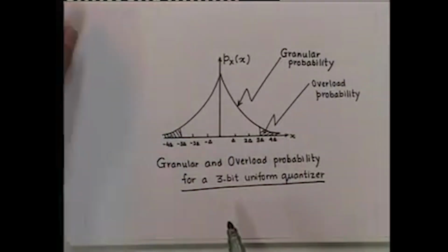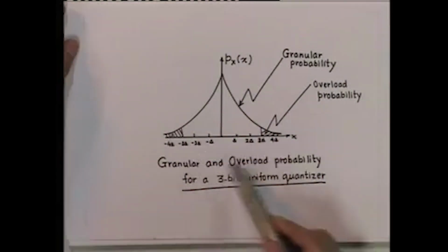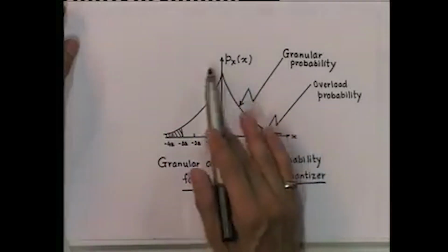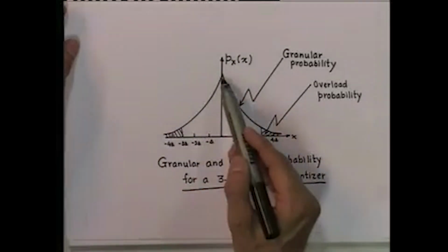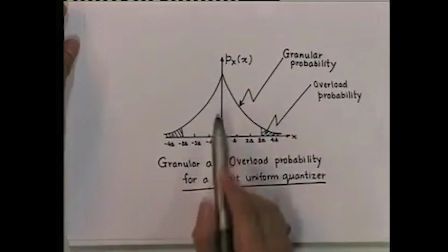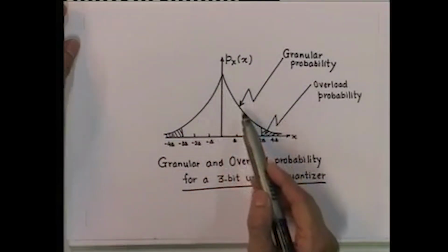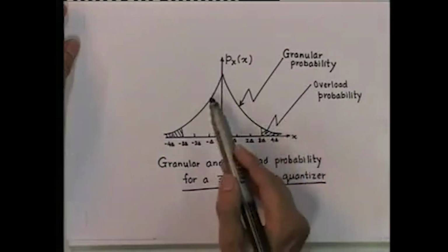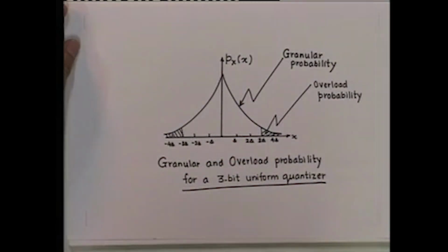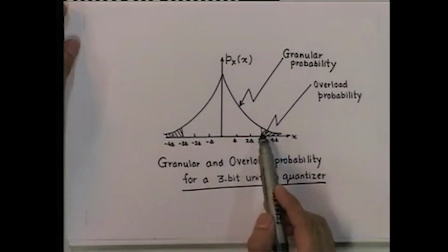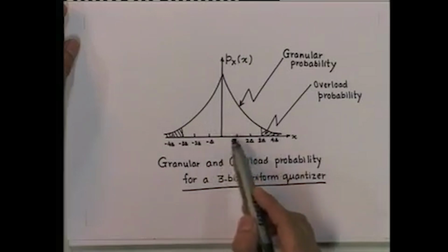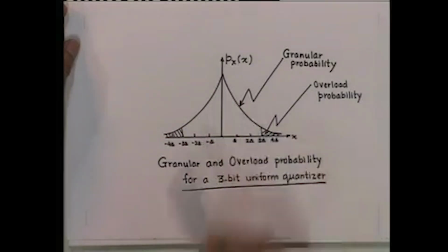Now, as depicted here, the non-uniform sources usually have probability density function, that is PDF, that are generally peaked at 0 and decay as we move away from the origin. Therefore, the overload probability is generally much smaller than the probability of the input falling in the granular region.